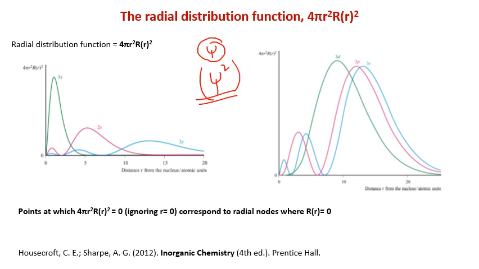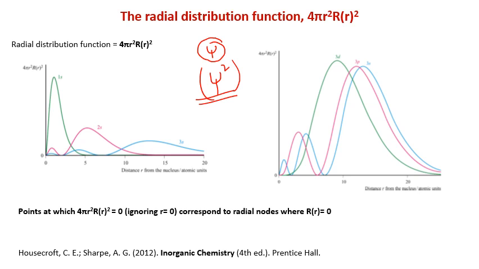By considering values of psi square at any point around the nucleus, we can define a surface boundary which encloses the volume of space in which the electron will spend, let's say, 95% of its time. This effectively gives us a physical representation of an atomic orbital.